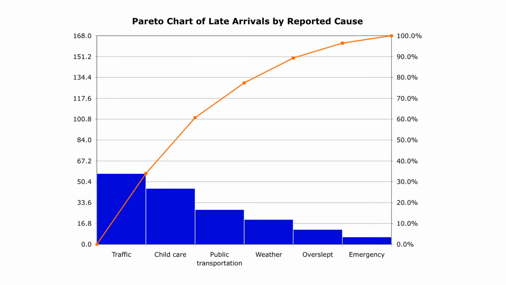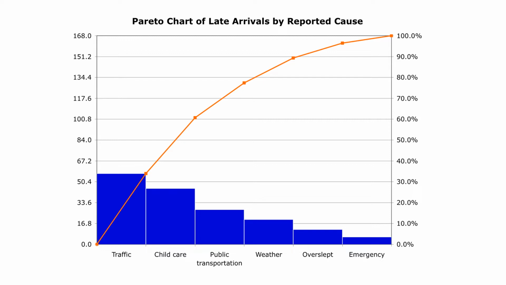What I have here, let's suppose I'm looking at late arrivals of people coming to work. What is their reason for being late to work? On the left, I have the raw number of late arrivals. On the right, it's the percentage of them.